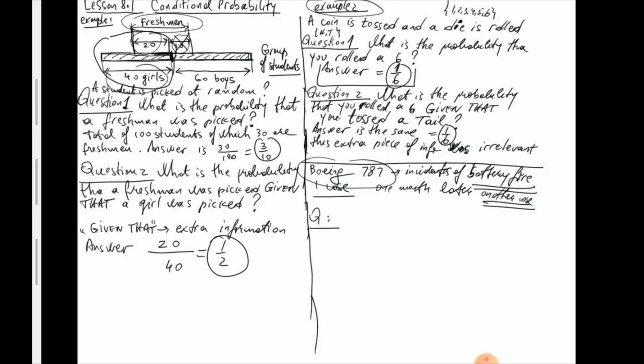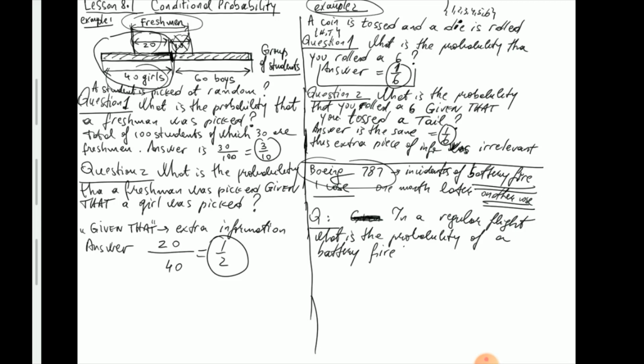But if the question is, for example, in a regular flight, what is the probability of a battery fire, then maybe the answer, I don't know what it is, maybe it's very, very low.